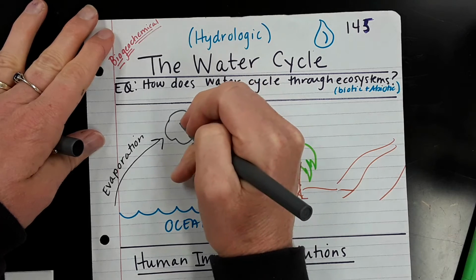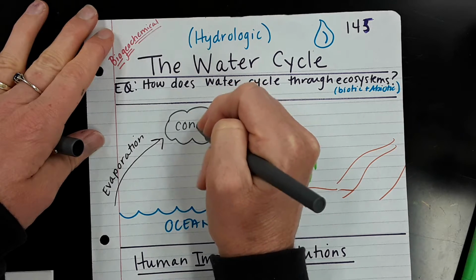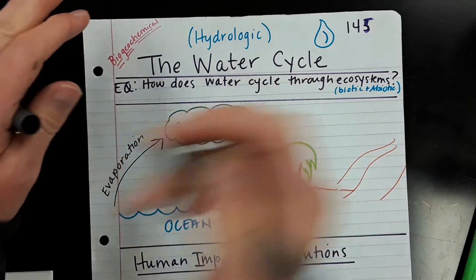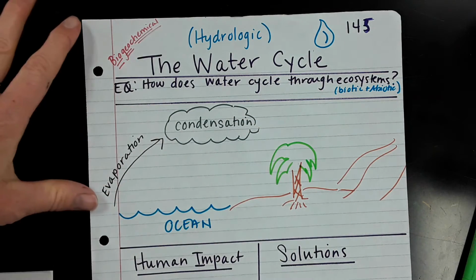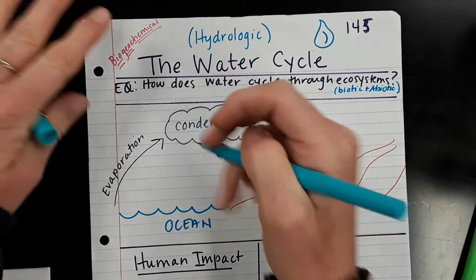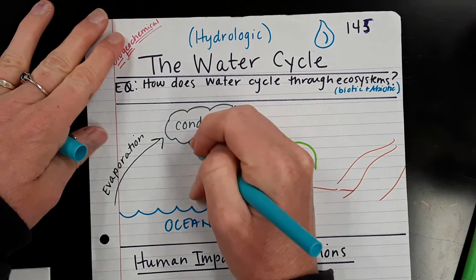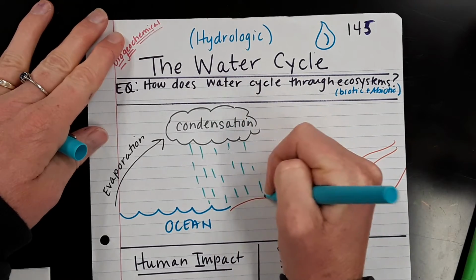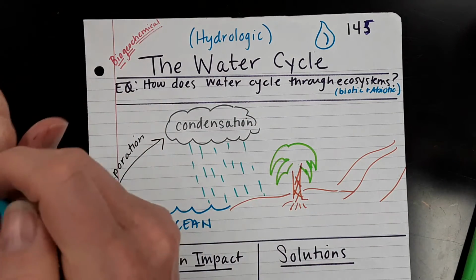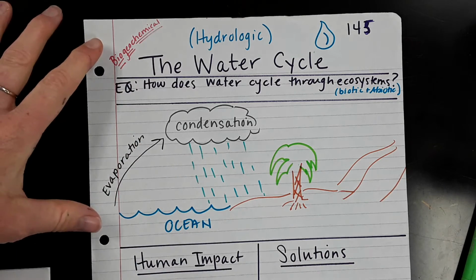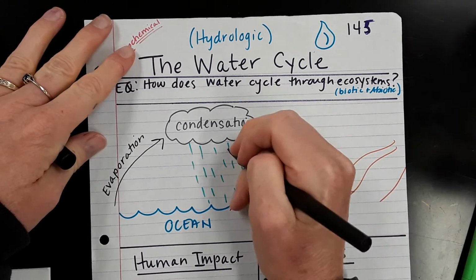And when it cools and condenses, we call this condensation. So it's condensing and forming a cloud. The water then can fall from the sky as rain or snow or sleet, and this rainfall would be called precipitation. So you guys can see the whole water cycle has evaporation, condensation, precipitation.